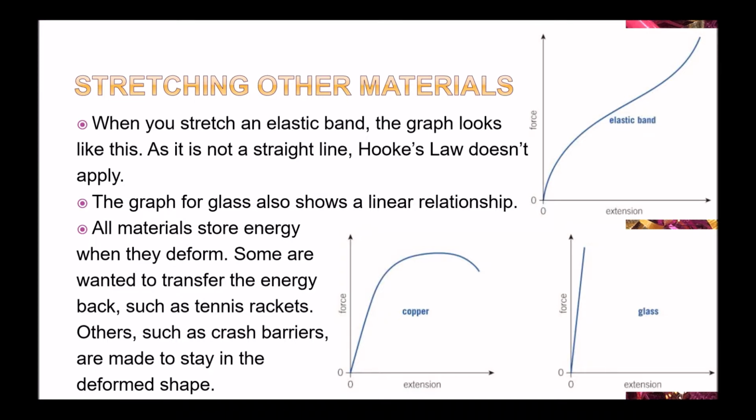And all materials will store energy when they're deformed, and some transfer energy back, such as tennis rackets, because we want them to transfer the energy back so that they go back into their original shape. Whereas other objects, such as crash barriers, are made to stay in the deformed shape that they're put in, so they retain the energy when they are deformed.